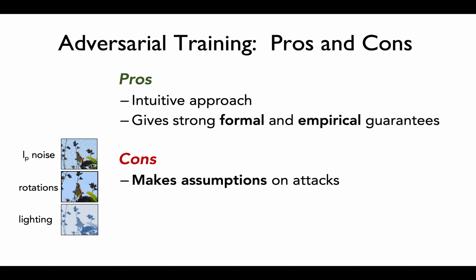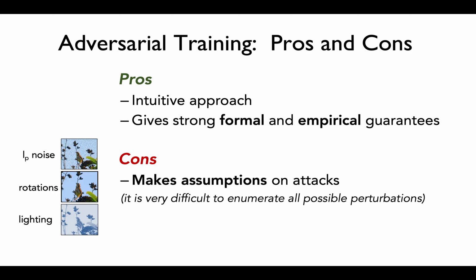Another kind of perturbation you can make is to rotate the image potentially in adversarial ways, as was discussed in the earlier part of our tutorial. And you can also try with different lighting. But these are all assumptions, and it should be stated that it's very difficult to enumerate all possible perturbations, and whatever we assume, people can go beyond that.